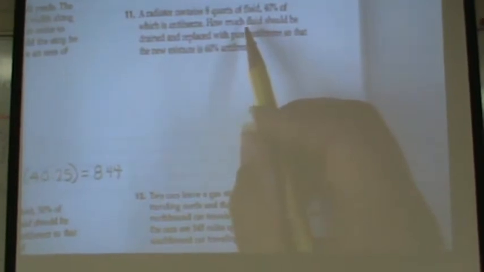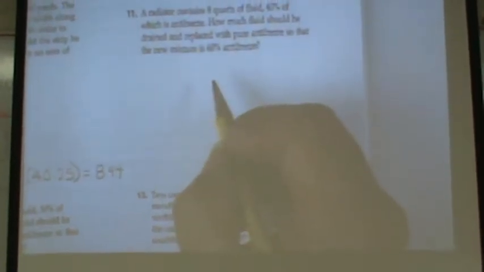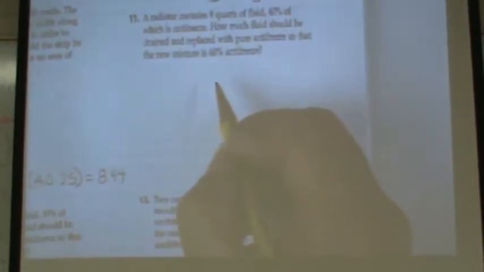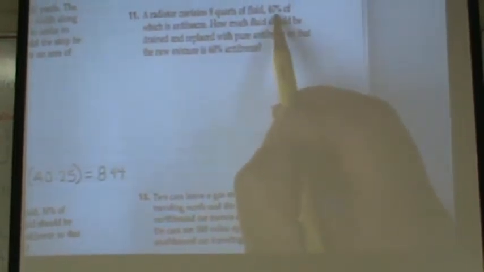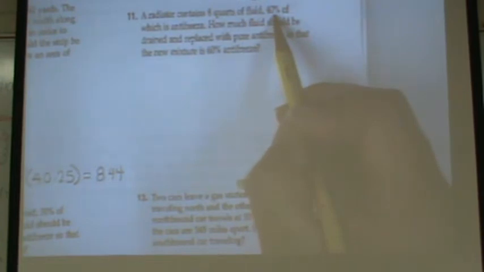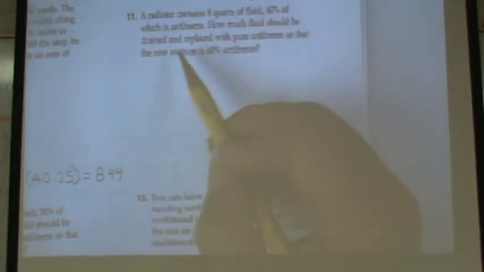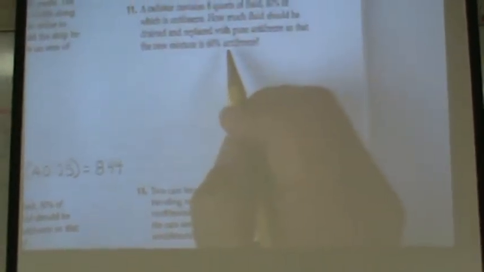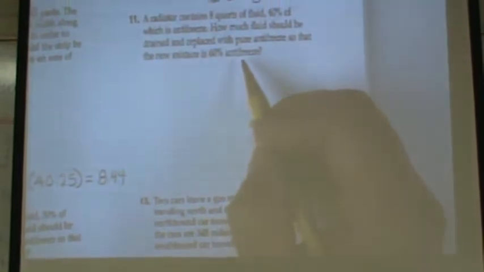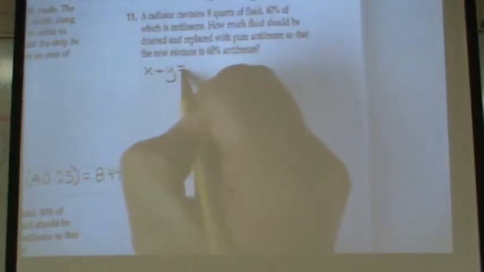Number 11, now we will solve these. A radiator contains 8 quarts of fluid. We have 2 different types of fluid. One fluid is 40%, and the other one is pure. We want our new fluid to be 60%. So how many quarts do we have?